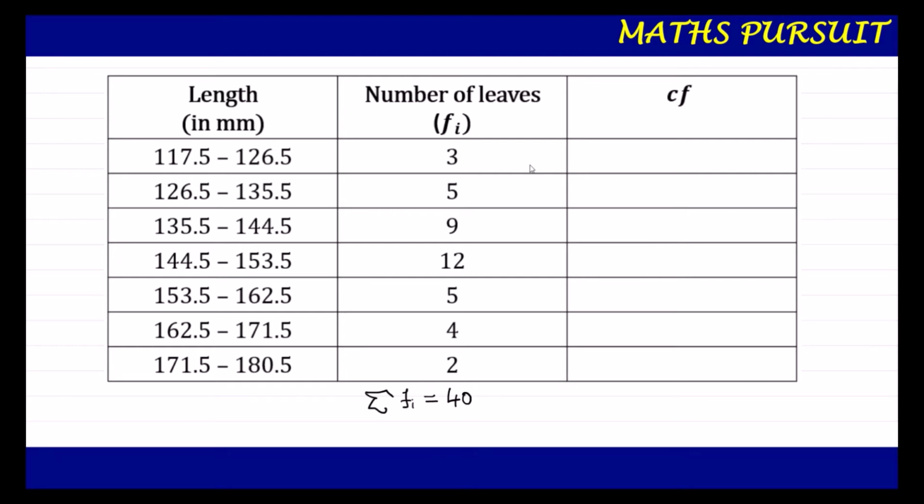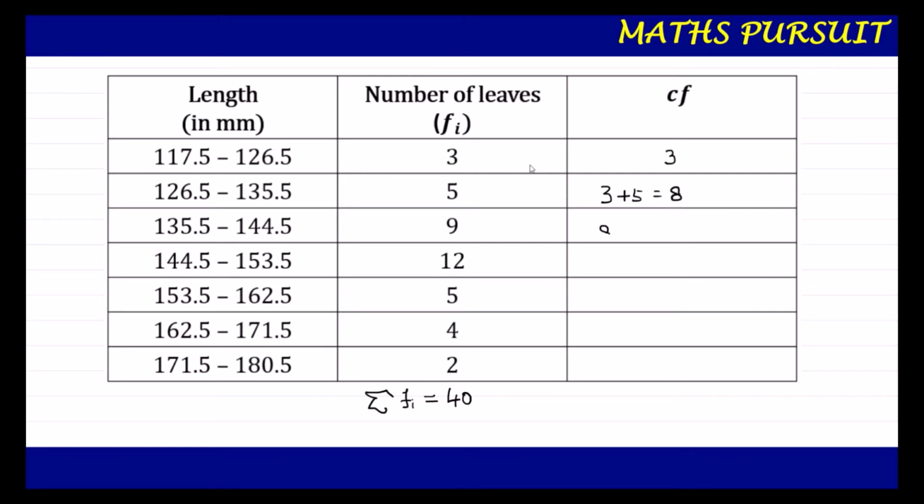Now guys, after finding out the frequency, let us find out the cumulative frequency. I believe guys we now very well know how to find out the cumulative frequency. So let us find out the cumulative frequency in the last column. Here our first figure is 3, so I am writing 3 plus 5, that is equal to 8.